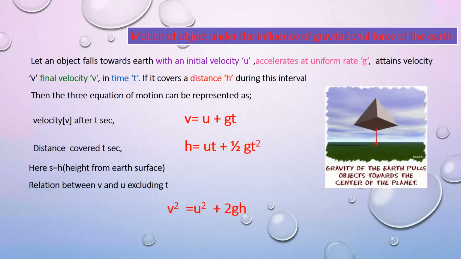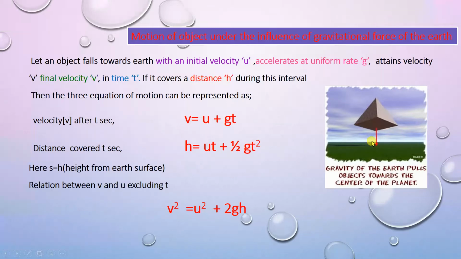Students, how does the gravitational force affect the motion of an object? Yes, it affects. As you know, when an object falls under the action of gravitational force, it is moving in a vertical direction. So, we are going to take the distance covered by the object as the height of the object.